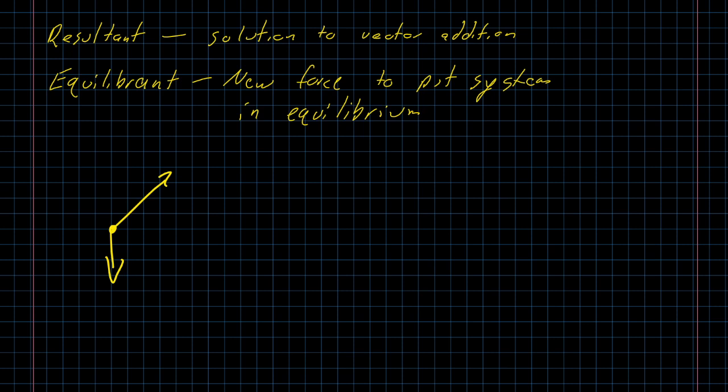If I take the tail of the one vector and put it at the head of the second, I get a resultant that is going kind of in this direction. The equilibrant is a force that is going in that direction, which will balance things out so that the net force is 0.